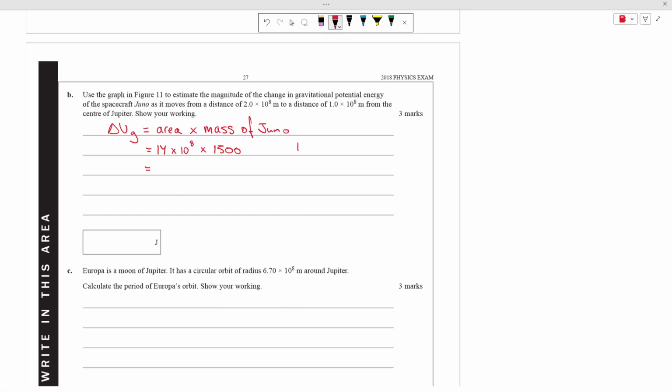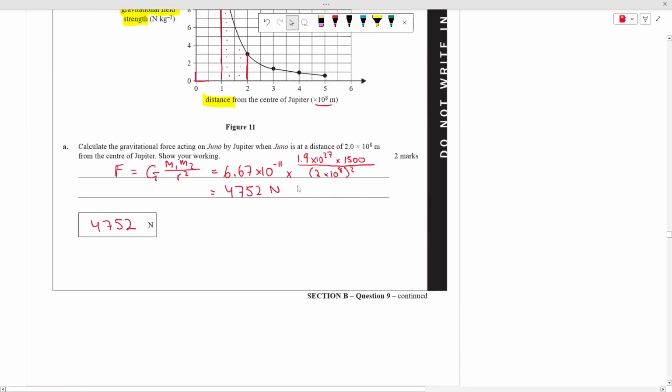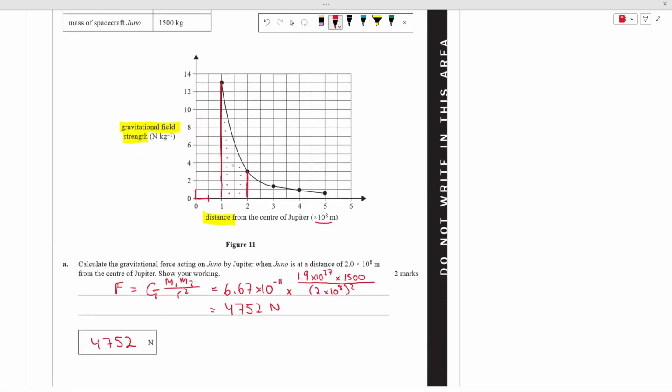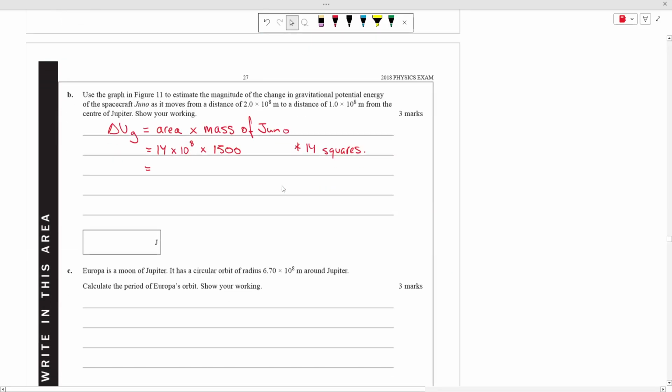I should make a note that there were 14 squares, just so they know that you've counted them. And now if we multiply that together, oh, hang on, I've made a bit of a mistake, I think. No, yeah, that's half, not 1. So that will modify by adding times 0.5 there.